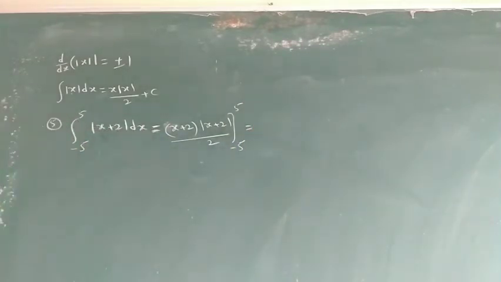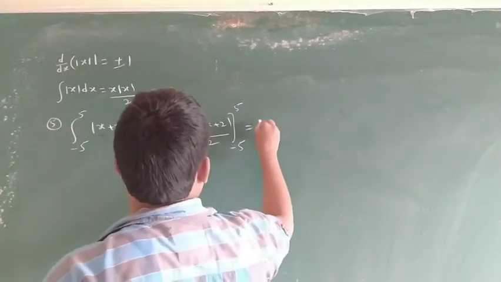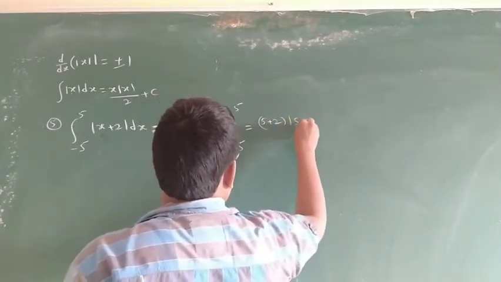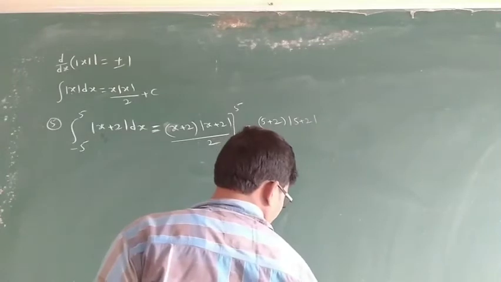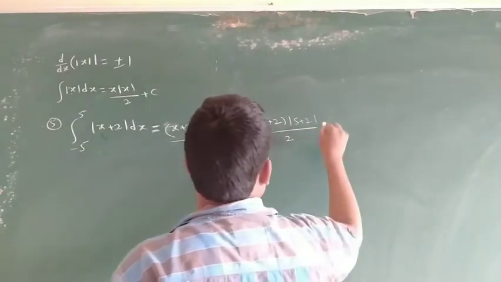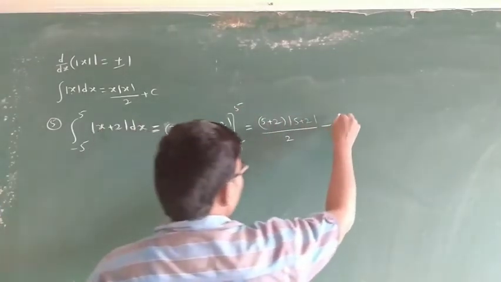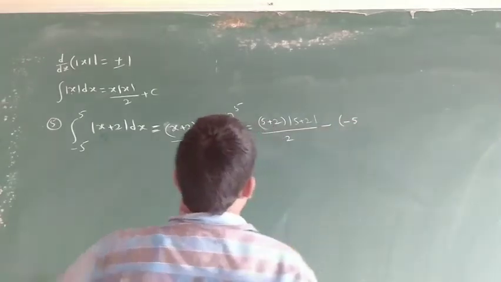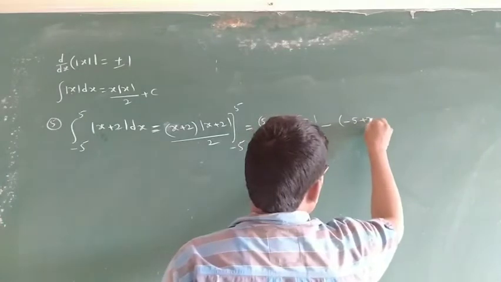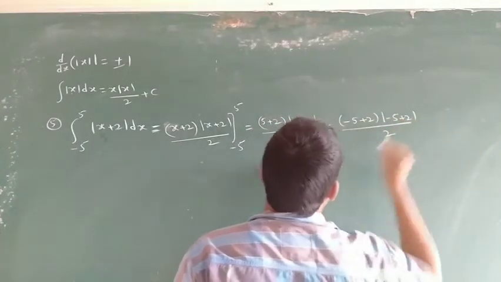First apply the upper limit, next the lower limit. Upper limit: 5 plus 2 into mod of 5 plus 2 by 2. Minus the lower limit, where x is minus 5: minus 5 plus 2 into mod of minus 5 plus 2 by 2.